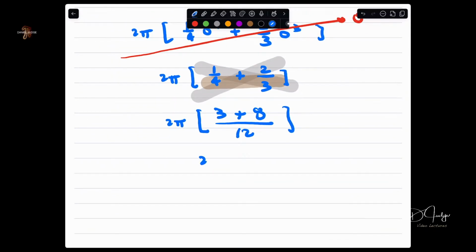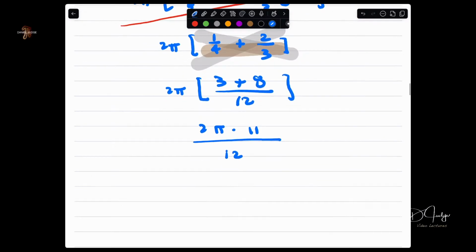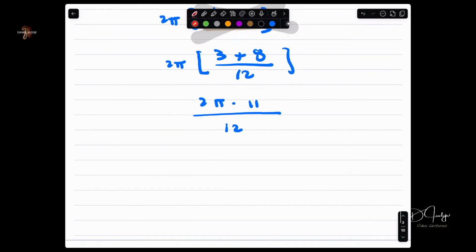So this will be 2 pi times 11 over 12. And we can cross out the 2, that'll be a 6. We end up with 11 pi over 6.